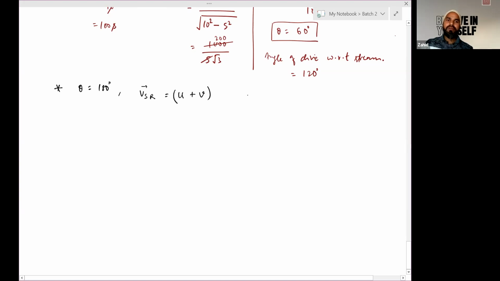So this will be the case of downstream. Similarly, if you put theta to be 0 degree, you'll get the velocity of swimmer with respect to river as u minus v or v minus u. So this will be the case of upstream.